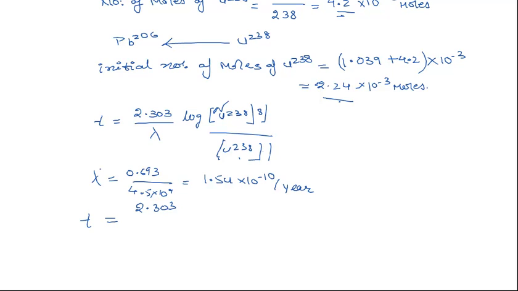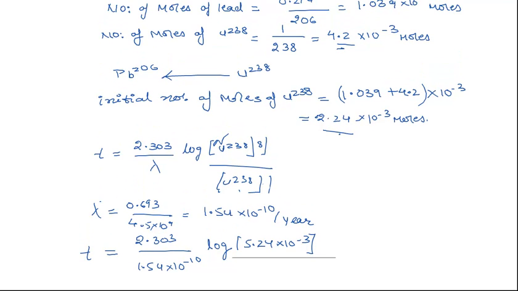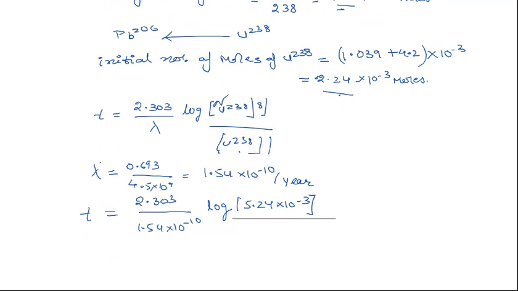So it would be 2.303 divided by 1.54 into 10 to the power minus 10 log of, what was the initial concentration? It was 5.24 into 10 to the power minus 3 divided by, what was the final concentration? 4.2 into 10 to the power minus 3.